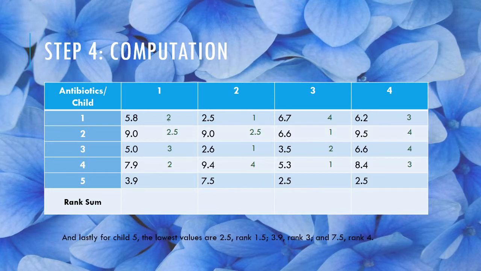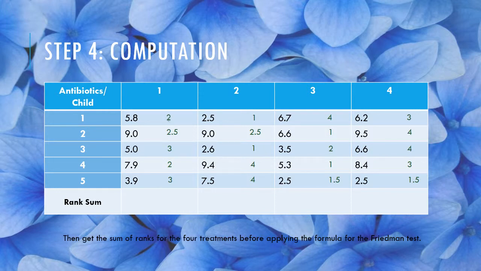And lastly, for child 5, the lowest values are 2.5, so that will be our rank 1.5, followed by 3.9 as rank 3, and then we have 7.5 as rank 4.